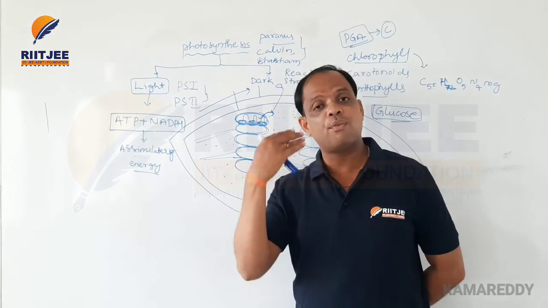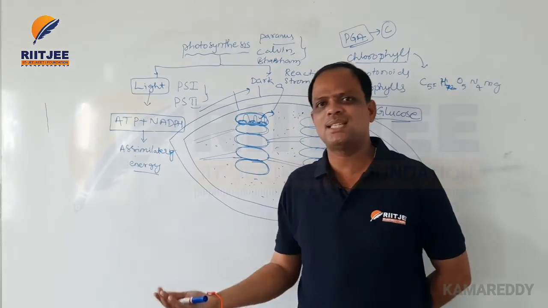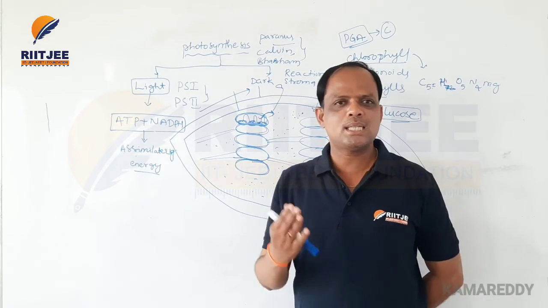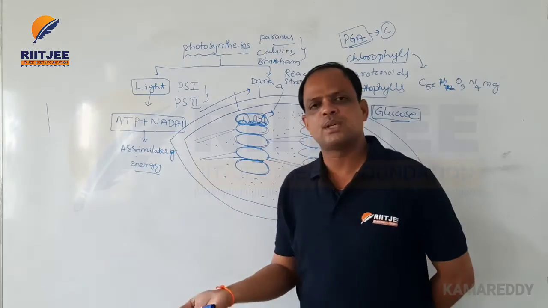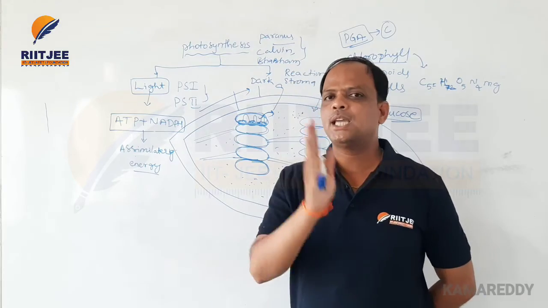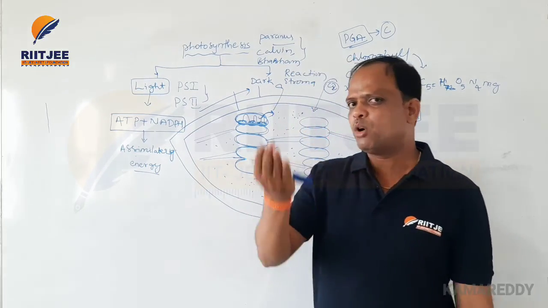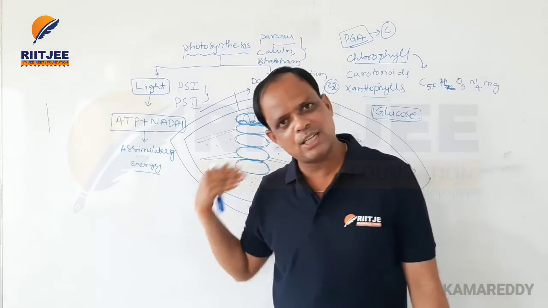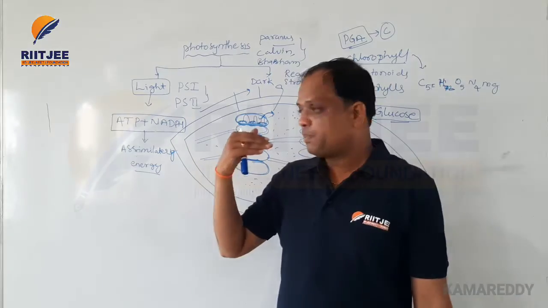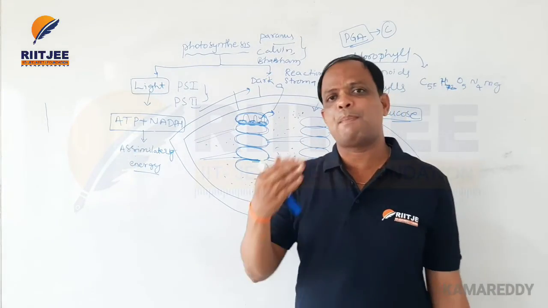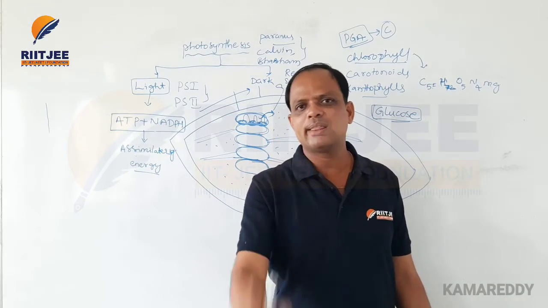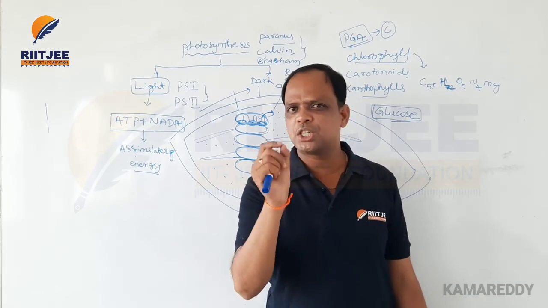Based on the source of carbon and sunlight, the heterotrophs can also be divided: photoheterotrophs and chemoheterotrophs. The chemoheterotrophs can again be divided into three parts: saprophytes, parasites and symbiosis. All of this is called the nutrition process.